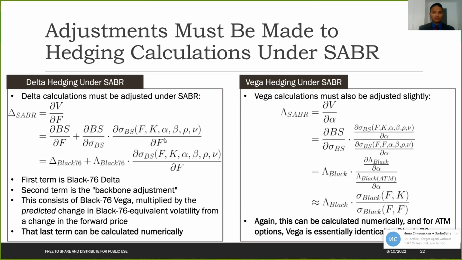It's really not that difficult. Vega is similar. I mean, you also have to make an adjustment there. And again, it comes down to the fact that when you bump vols, technically you're also bumping forwards, right? So in order to calculate this, you can essentially break it down to the Vega under Black, which is a closed form solution, very easy to calculate.